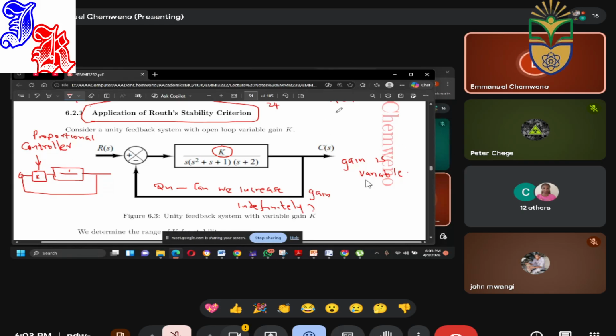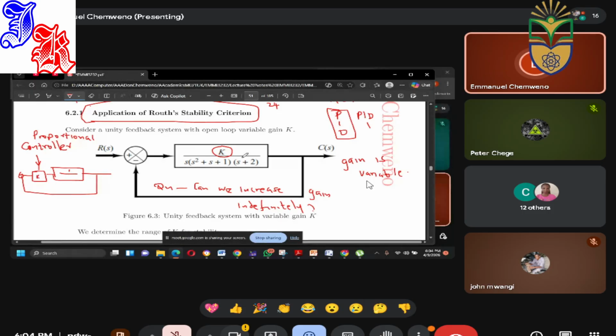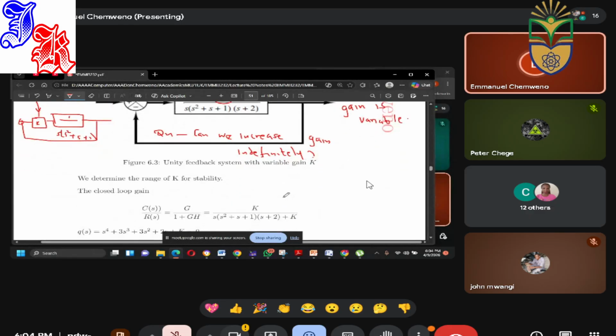At a later date, we are going to look at PID controllers, proportional integral derivative controllers. So this is just an example of a proportional control. You have your system made of this transfer function, 1 over s squared plus s plus 1, times s plus 2.